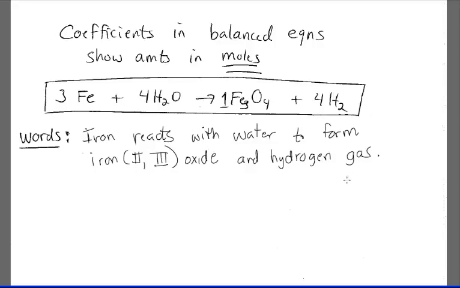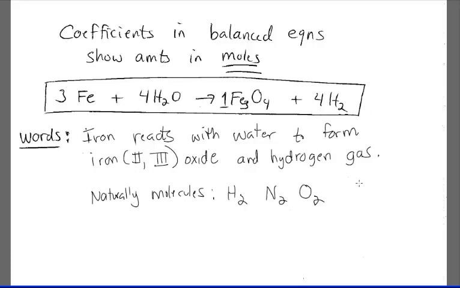One thing I wanted to point out here is that hydrogen gas means H2. There are some elements that are naturally occurring as molecules, and there are some you should definitely know. Hydrogen is one. So when we say hydrogen, if we're talking about its gaseous form, it means H2.